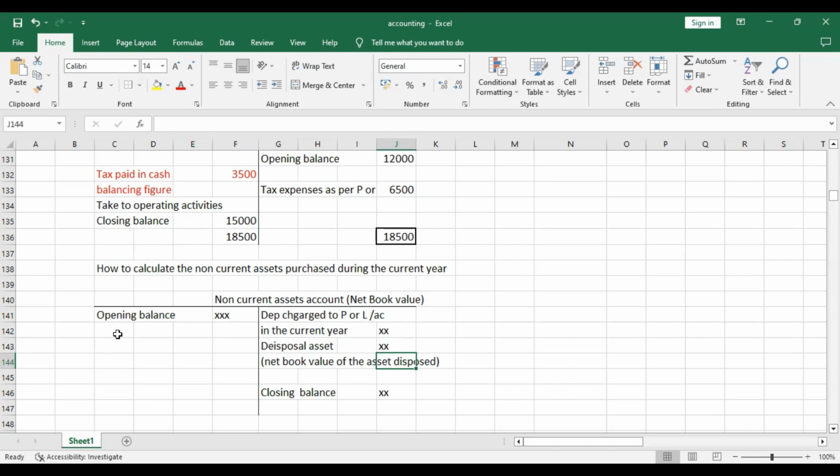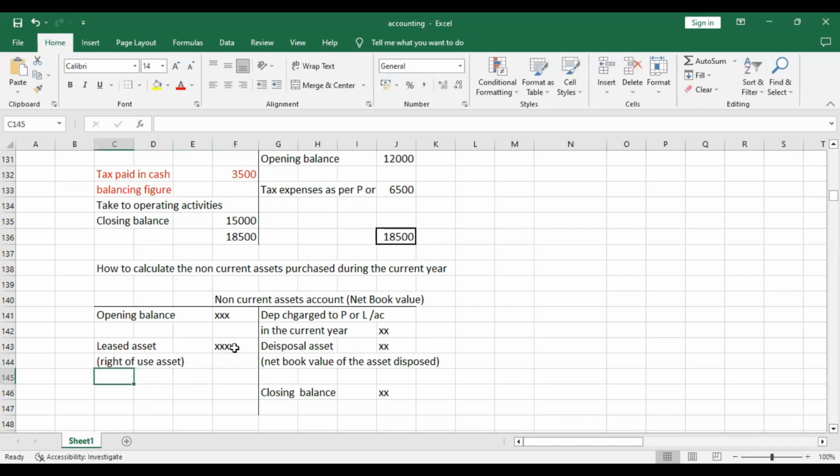On the debit side, what will come? Any leased asset, right-of-use asset, whatever you call it, any leased asset acquired in the current year, because that is not for cash.